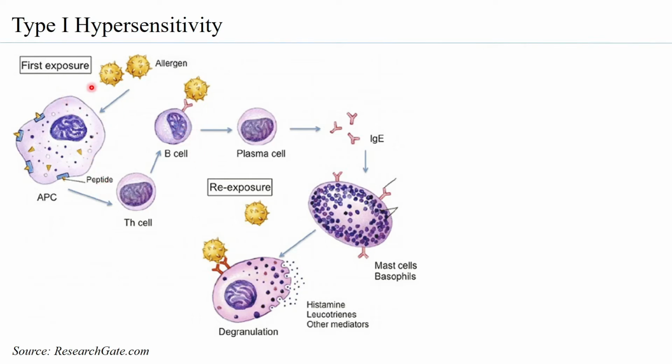So, for example, in the first exposure, the allergen can be taken up by an antigen presenting cell, presented on its surface, and because of that, you have a Th2 subcell type getting activated, which in turn can activate a B cell, and the B cell further can interact with the allergen, and on this interaction it can differentiate into plasma cells and memory cells, and you have IgE being released.